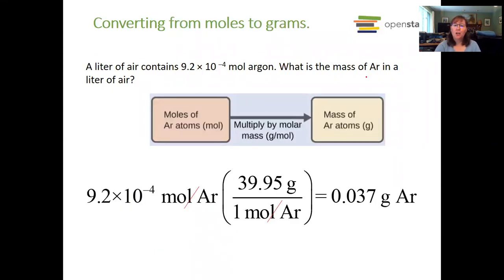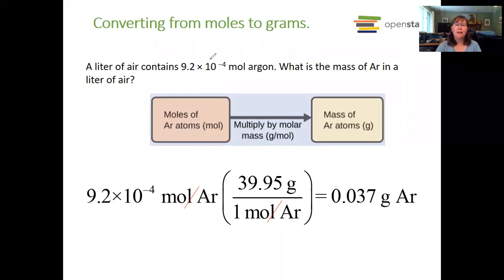Okay, so let's take a look at another one. In the last problem, we were going from grams to moles. Well, in this problem, we're going to be going from moles to grams. It's the same type of problem and we're just looking at it backwards. Here we have a liter of air that contains 9.2 times 10 to the negative 4th moles of argon.